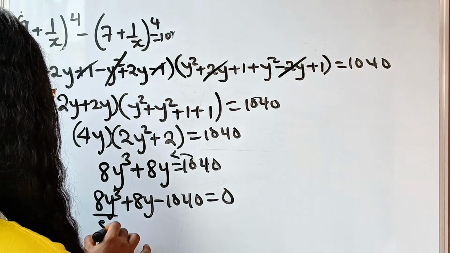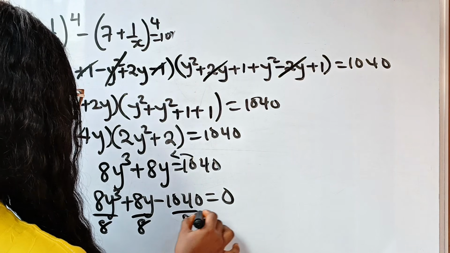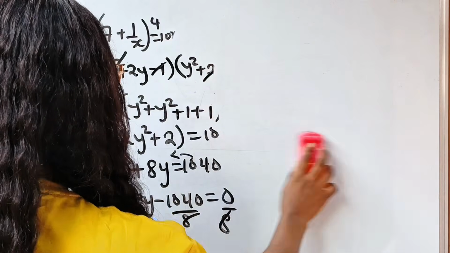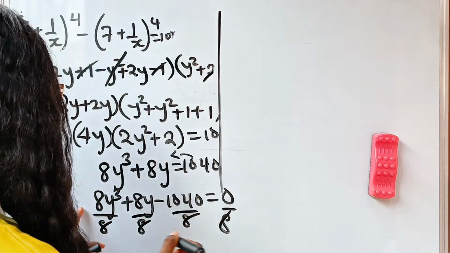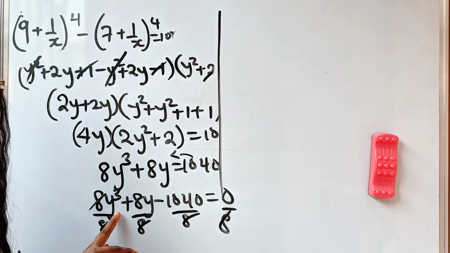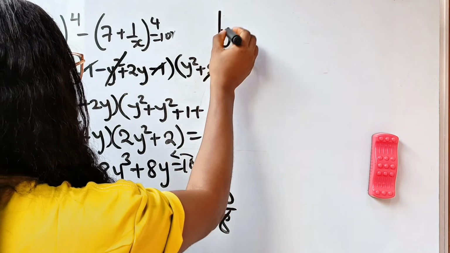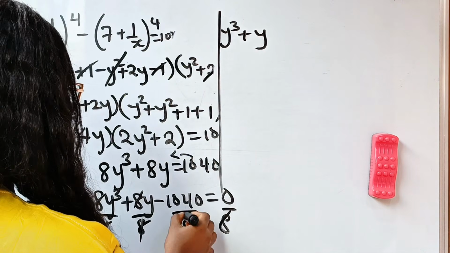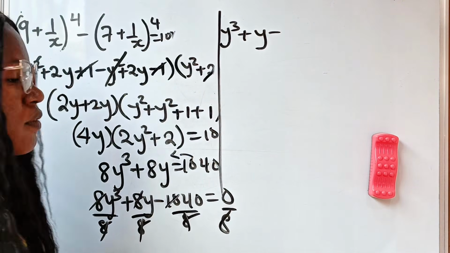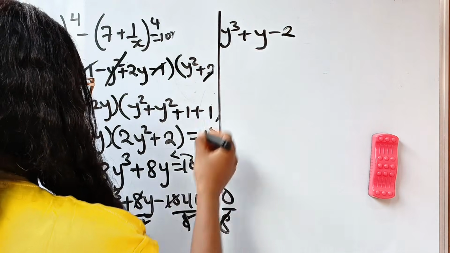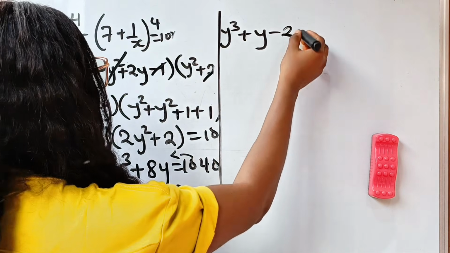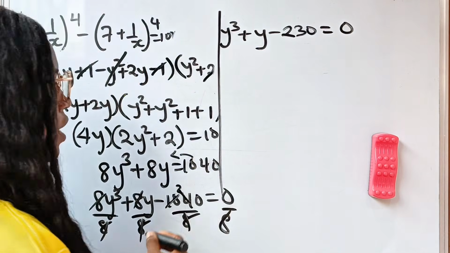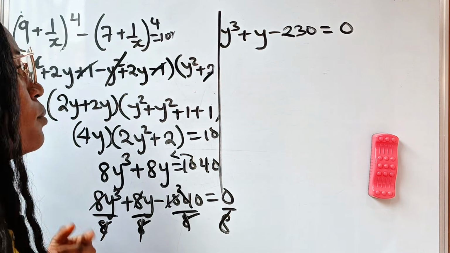So we divide both sides by 8, and we will have y to the power of 3. This will divide this, we have plus y. 8 will divide 10, and we have 1 remainder 2. Divide 24, we have 3, and plus 0, okay, is equal to 0. 0 divided by anything is still 0.